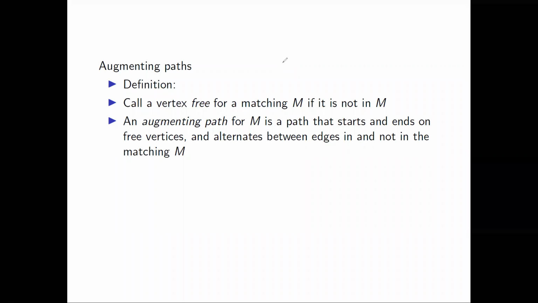So an augmenting path for the matching M, and I'll keep this P4 up here. An augmenting path is a path that starts and ends at free vertices. And the path alternates between edges in and not in the matching M. So for example, if we wanted to find an augmenting path for this M right here, we could take this whole graph.